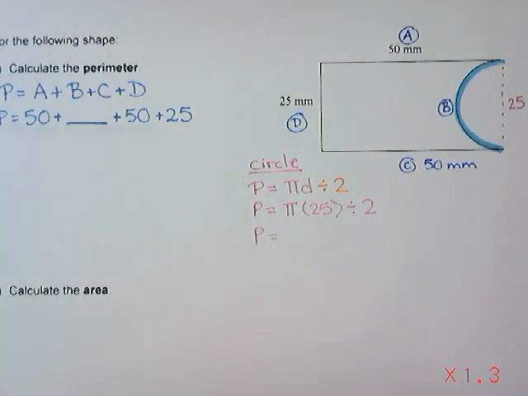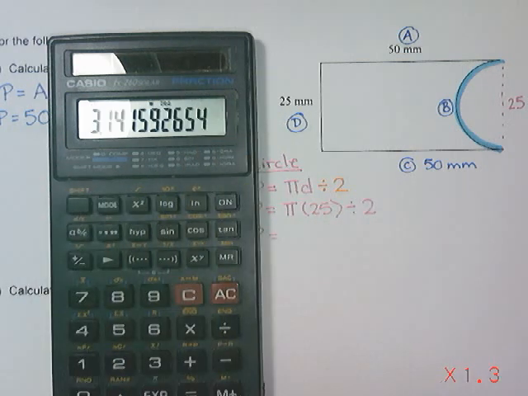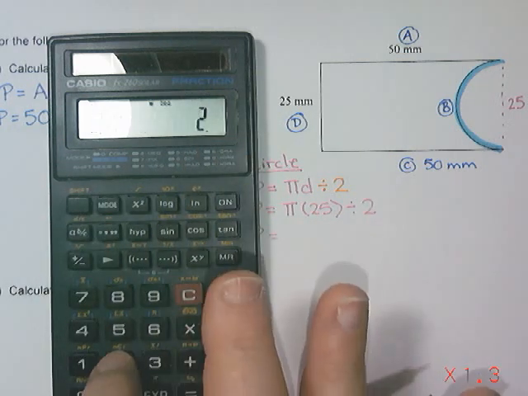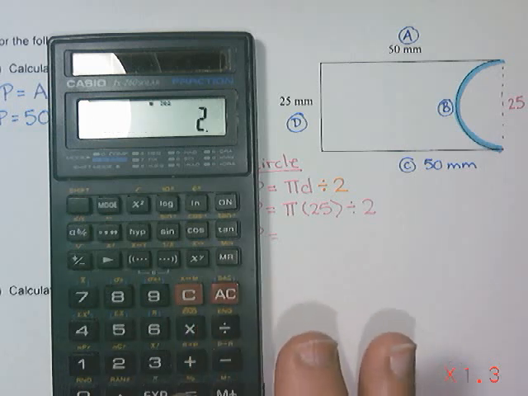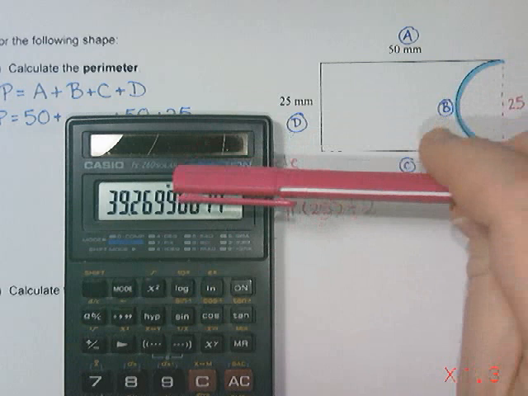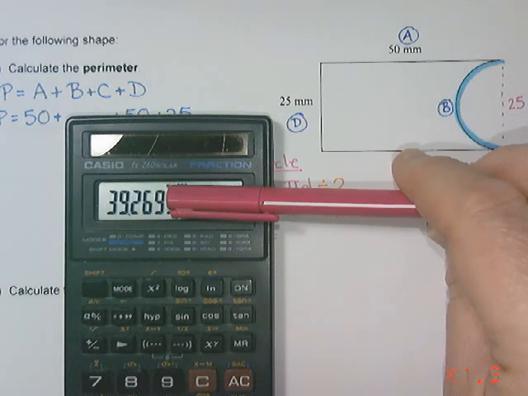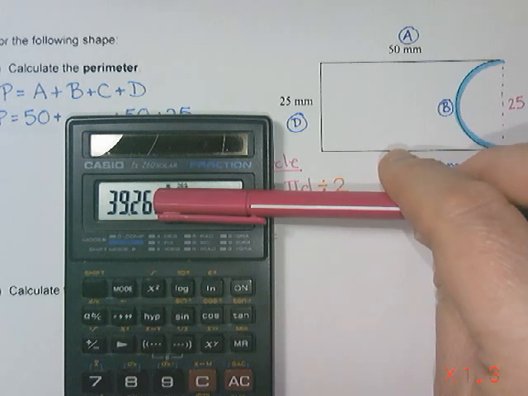Okay, so on my calculator, I am going to do pi and then times 25 divided by 2. And I got 39.26. If I take a look at the next number, that's a 9. So that is going to push that up to 39.27.